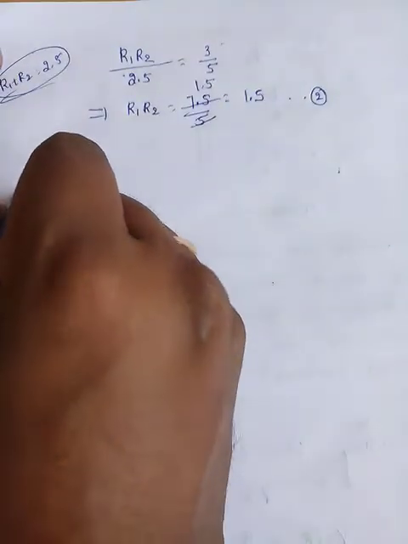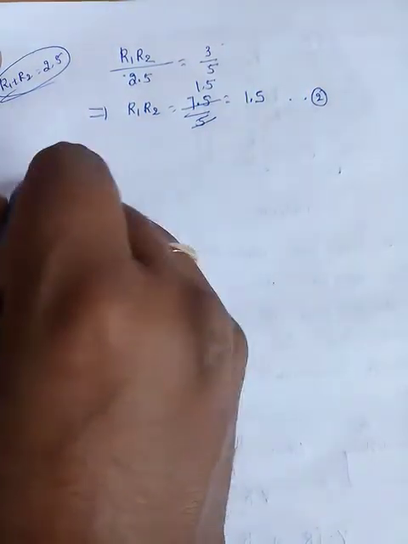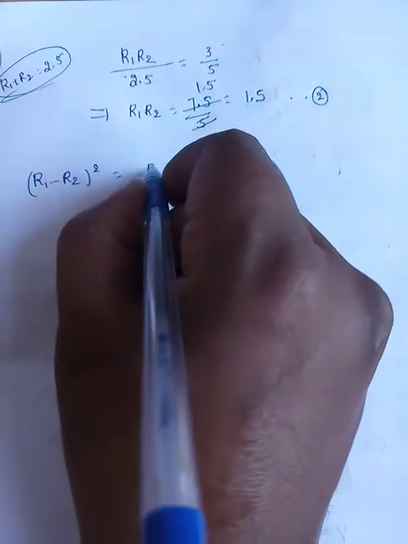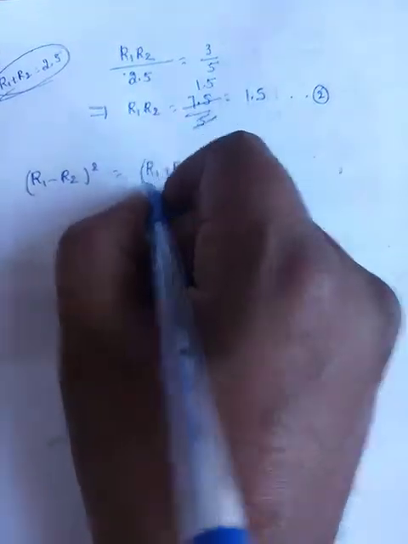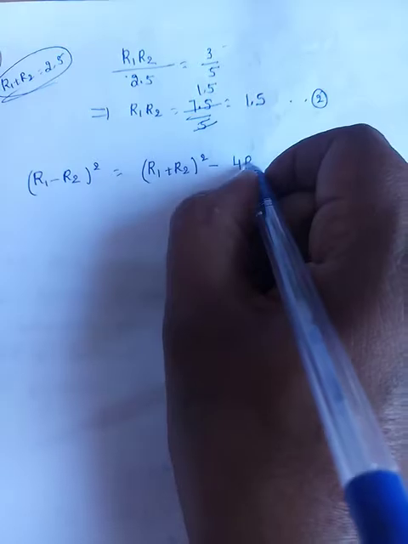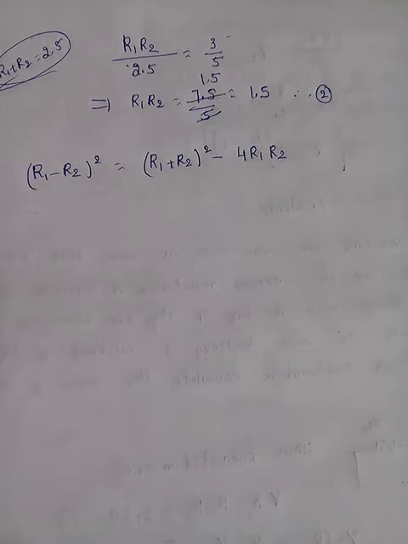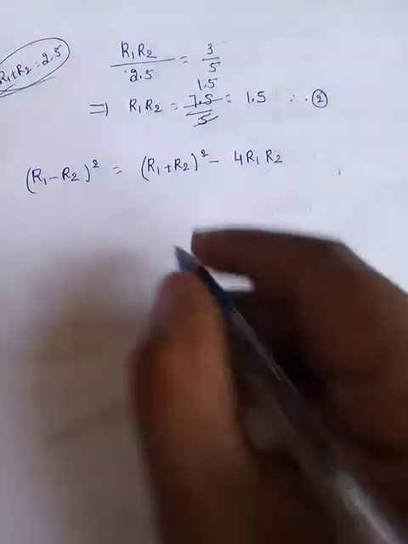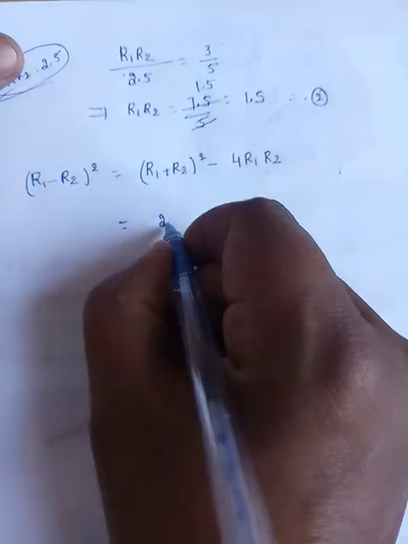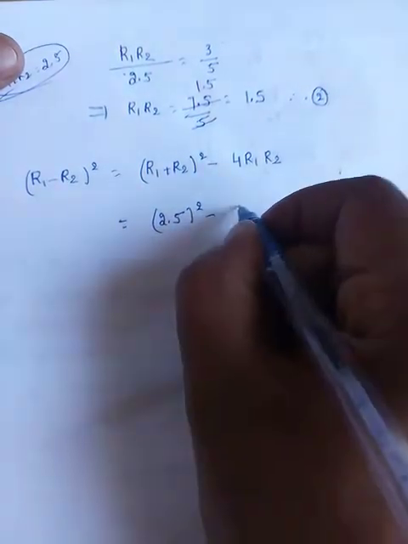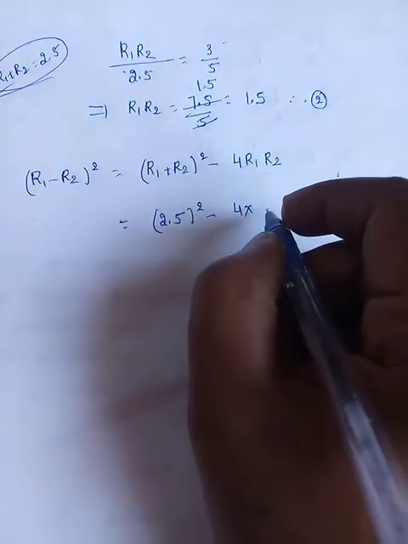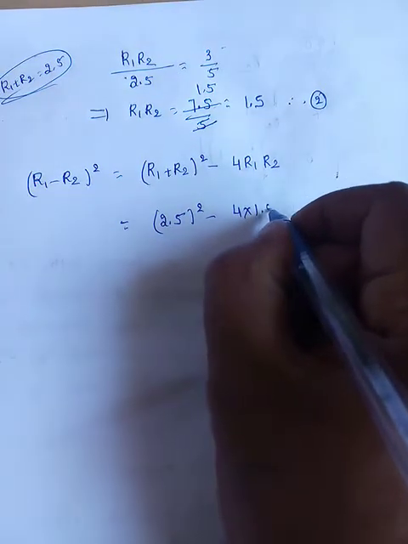So we got the R1 plus R2 value and the R1 into R2 value. According to the mathematical formula, R1 minus R2 whole square equals R1 plus R2 whole square minus 4 R1 R2. This is considered equation number 2, right? So (A minus B) whole square equals (A plus B) whole square minus 4AB. What is the (A plus B) whole square value? 2.5 square minus 4 into 1.5.